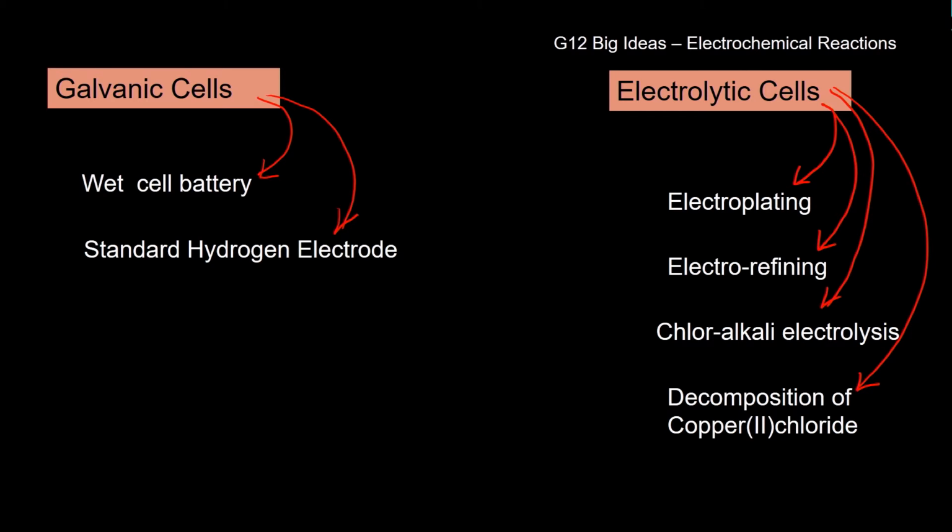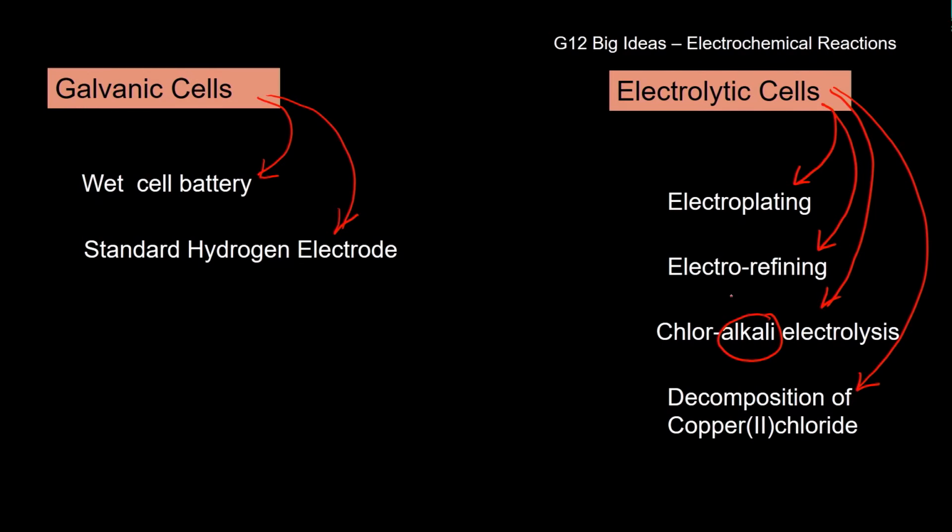Electroplating is where we take one metal and we cover it with a very thin layer of an expensive metal. Electrorefining is where we take a metal that has got impurities in it, and we try and get those impurities out, and so we get a pure metal at the end. Chlor-alkali electrolysis: alkali is talking about Na, the alkali metals.